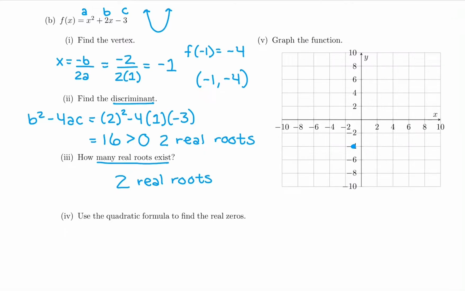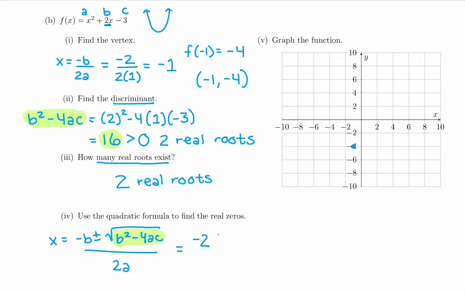We're going to use the quadratic formula to find the zeros of the graph, or find those x-intercepts. So x is going to be negative b plus or minus the square root of b squared minus 4ac all over 2a. And the nice part is we already calculated b squared minus 4ac. B squared minus 4ac is 16. So when we replace negative b in there, the b value of this function is 2.